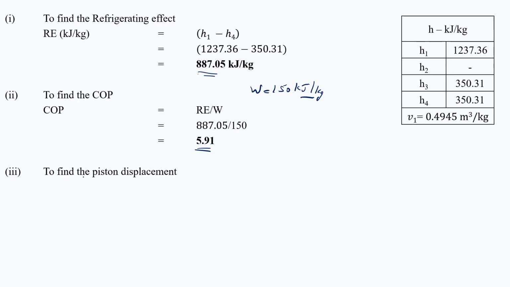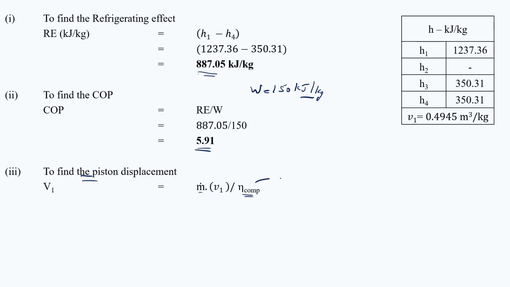Then for finding the piston displacement, we have two formulas: mass flow rate into specific volume at compressor entry divided by the efficiency of the compressor, or we can use our formula related to the piston, L A N by 60. But here there is no information regarding the piston bore diameter or the speed at which it is working. So it is better to use the formula mass flow rate into specific volume at 1 divided by compressor efficiency.